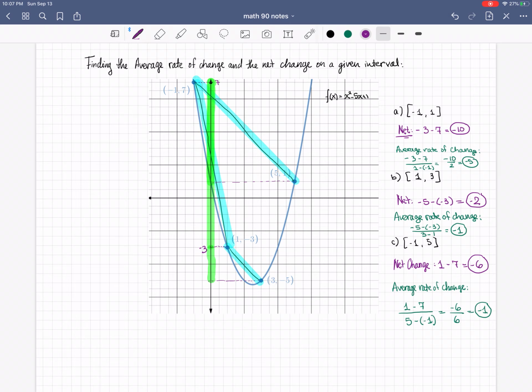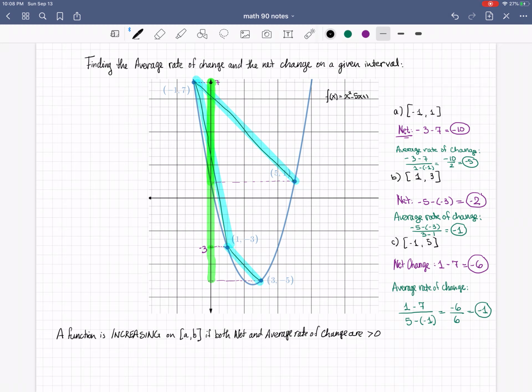So I want to finish by saying one last thing, which is that a function is called increasing on an interval if both net and average rate of change are greater than 0.